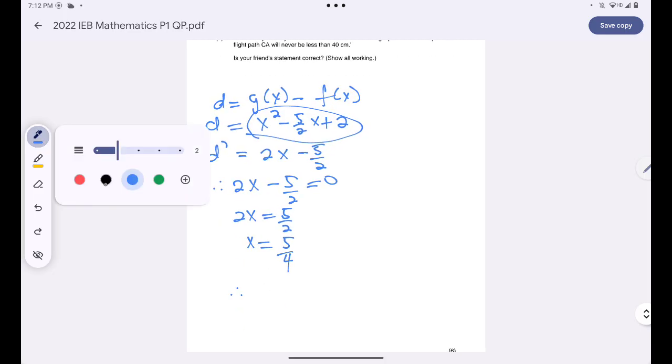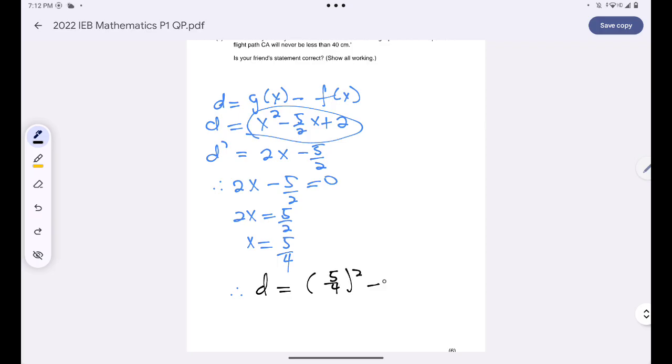So therefore, the distance is just 5 over 4 squared minus 5 over 2 times 5 over 4 plus 2. What do we get?